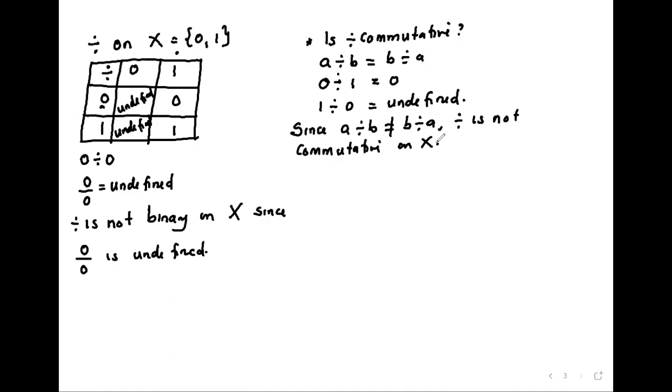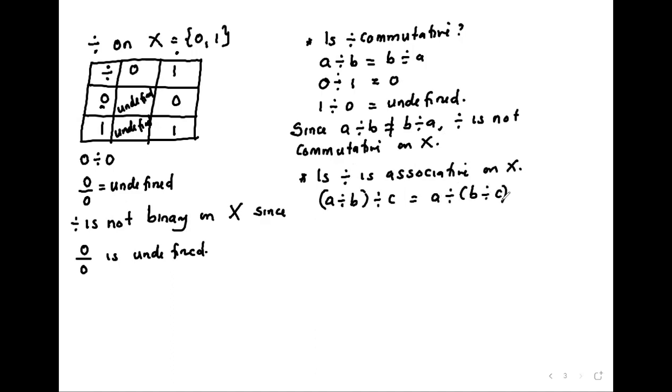In a similar manner, we'll check if division is associative on X. So let's check. Remember, we want (A divided by B) divided by C to be equal to A divided by (B divided by C).